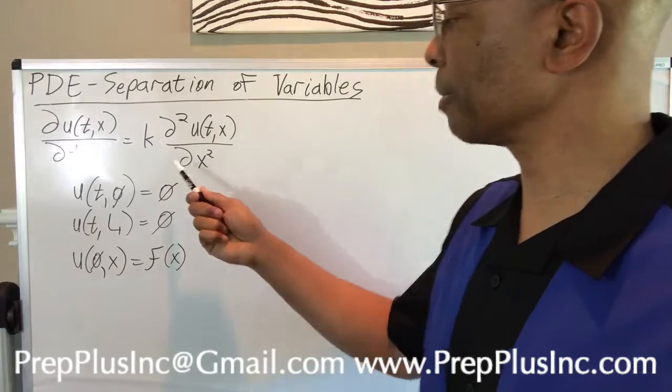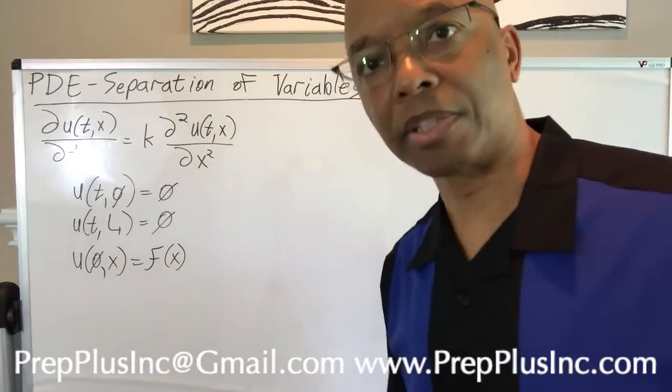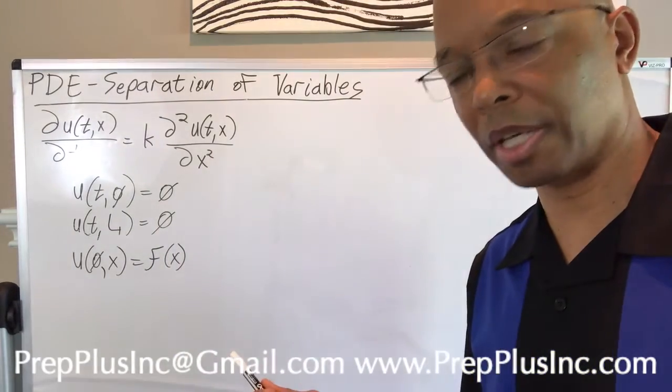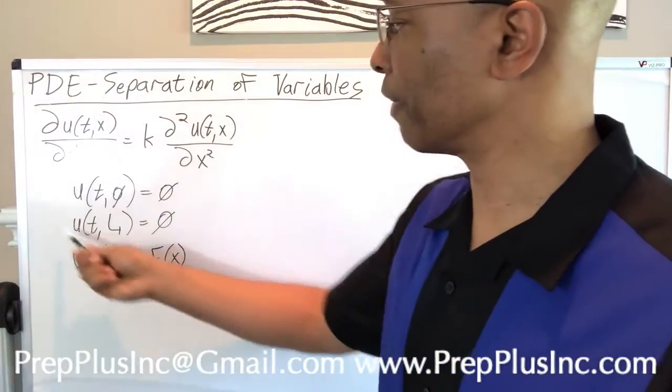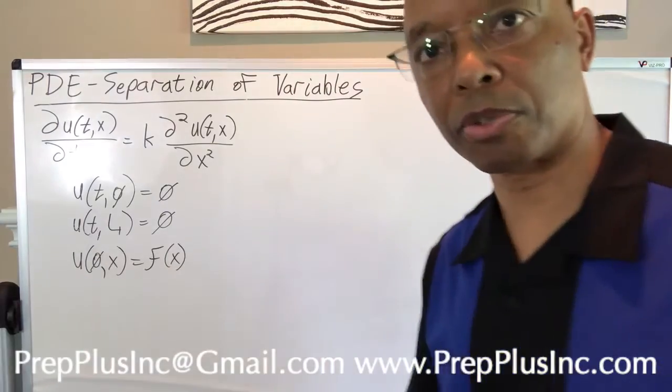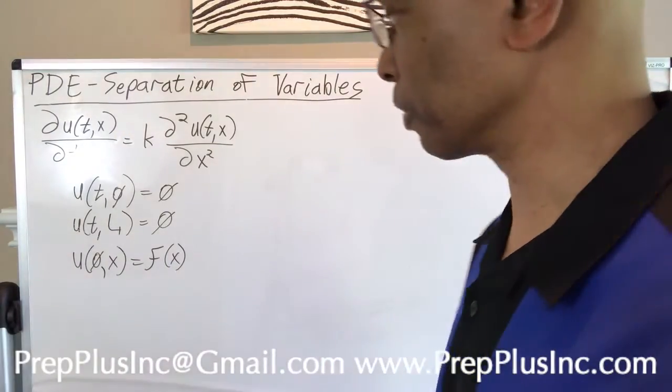So first order in time, second order in space. k is some constant, which is often called the diffusion constant. We have our boundary conditions and our initial conditions. So let's just get right down to it.